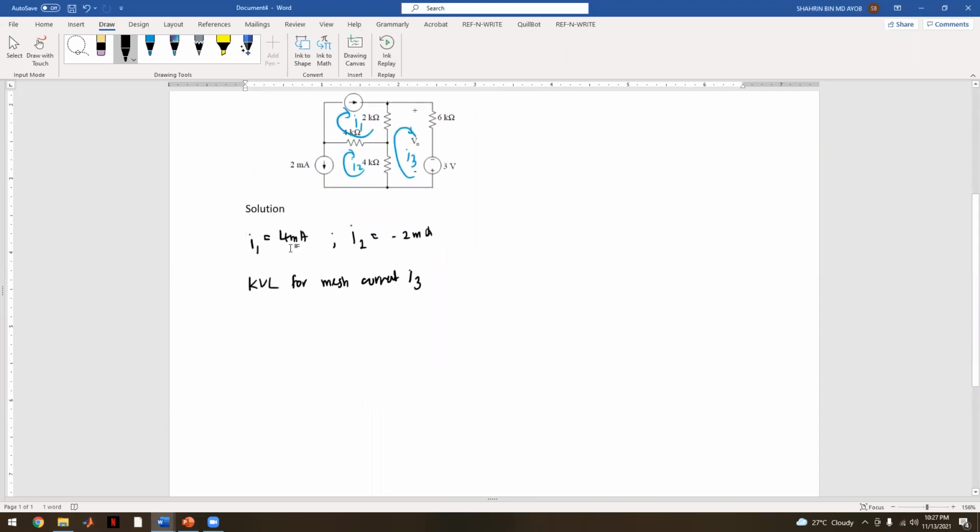Okay, so we have I1 is 4 milliampere and I2 is negative 2 milliampere, and the only mesh current that we need to solve is I3. As you can see, the element of 4 kilo ohms should be positive because we are concentrating on I3.